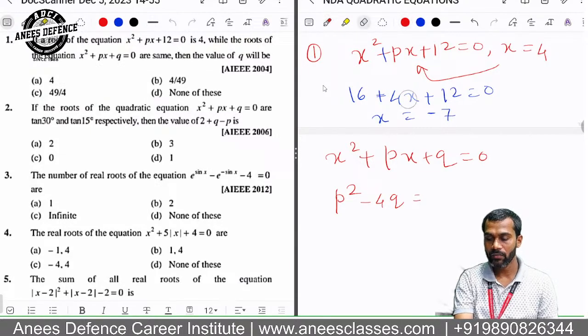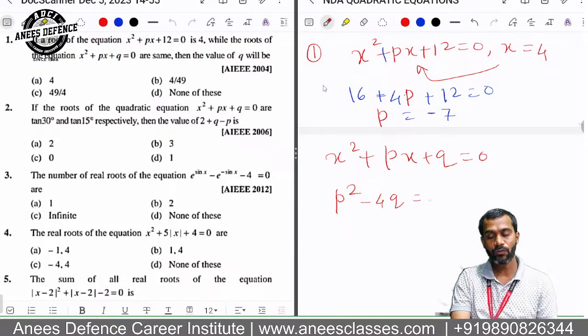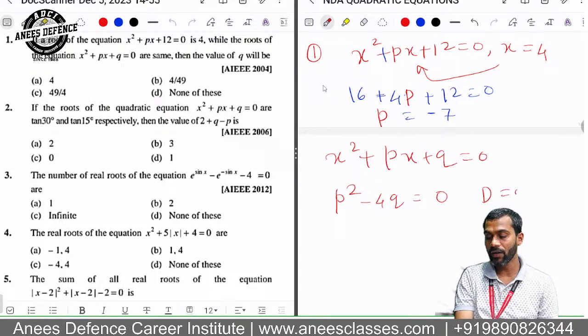Sorry, p is equal to minus 7. Now, p square minus 4q is equal to 0. Because roots are identical, so d should be equal to 0. So q would be equal to p square by 4. What is p? Minus 7. 49 by 4.